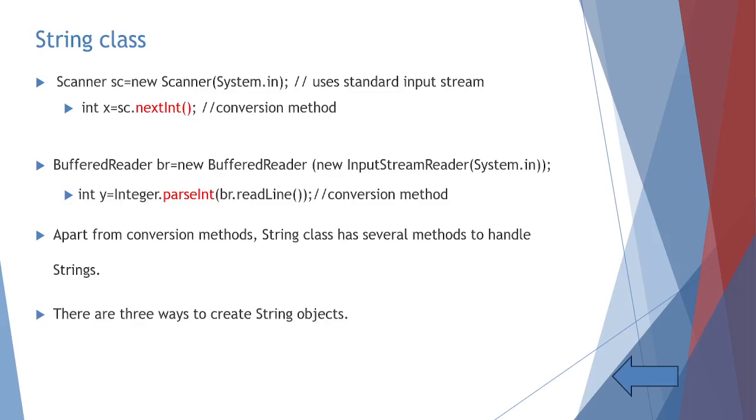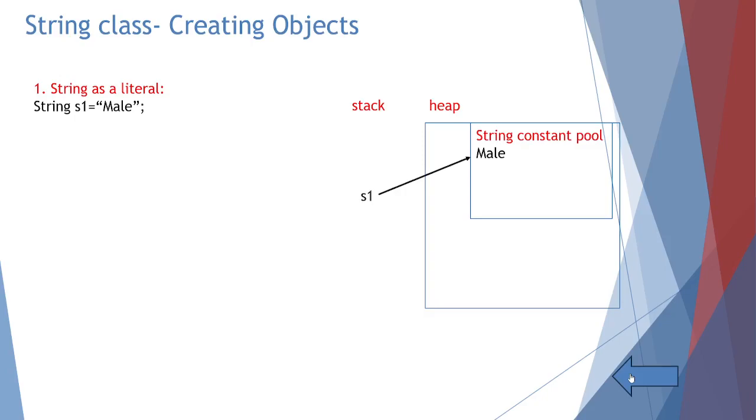Before understanding all those methods, let's understand creating string objects. There are three ways to create string objects. First one is string as a literal. Literal means constant. Whatever is written within double quotes is known as a literal or a constant, which is stored in the string literal pool or string constant pool.